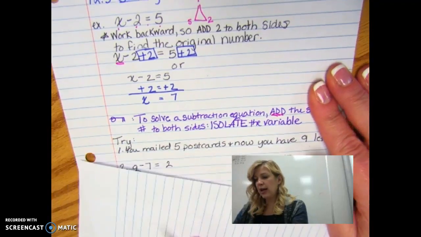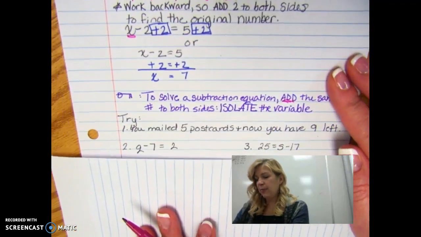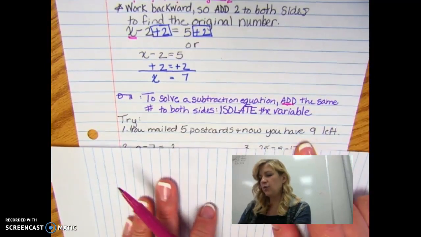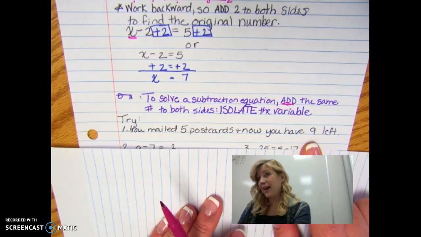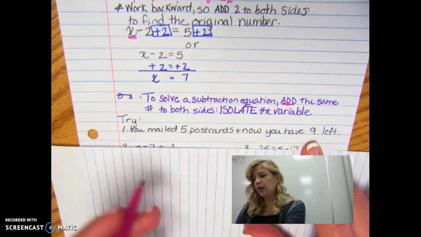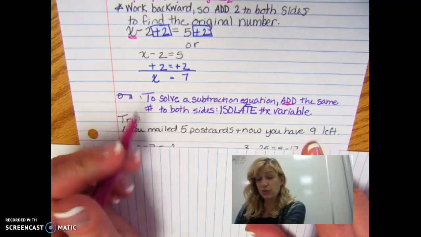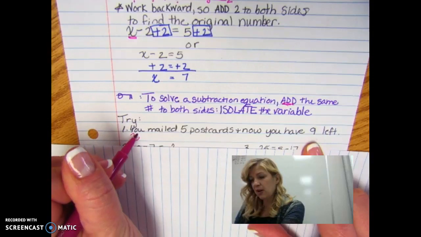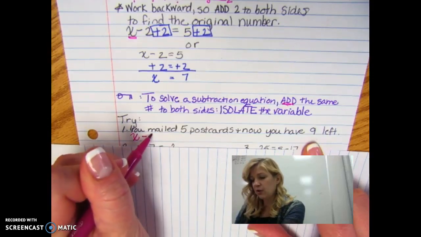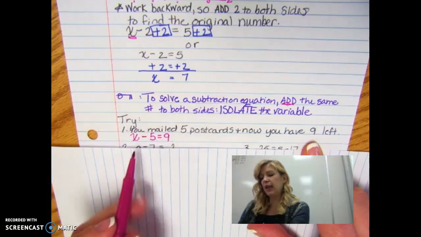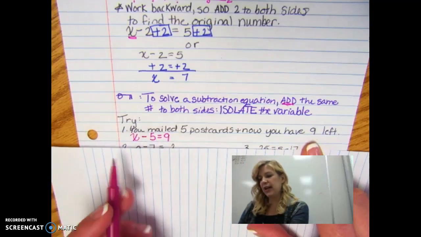So let's try a couple now. If you mailed 5 postcards and now you have 9 left, what was your original number? So if you have to write the equation, which is a lot of times what they'll ask you to do, we don't know how many we started with, but we know once we took 5 away, we were going to have 9. X minus 5 equals 9.